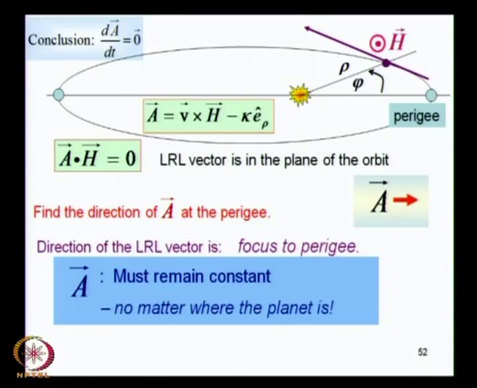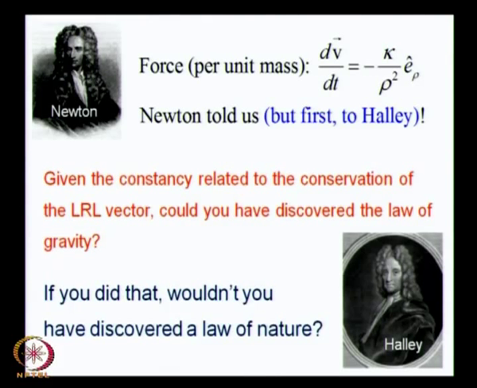And now we ask the question: we know what fixes the orbit, it is the constancy of the Laplace-Runge-Lenz vector, but we have used the fact that the force is 1 over r square.